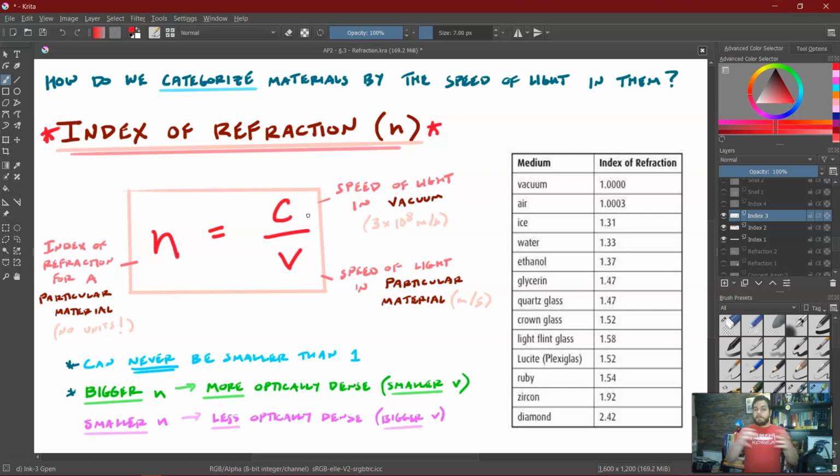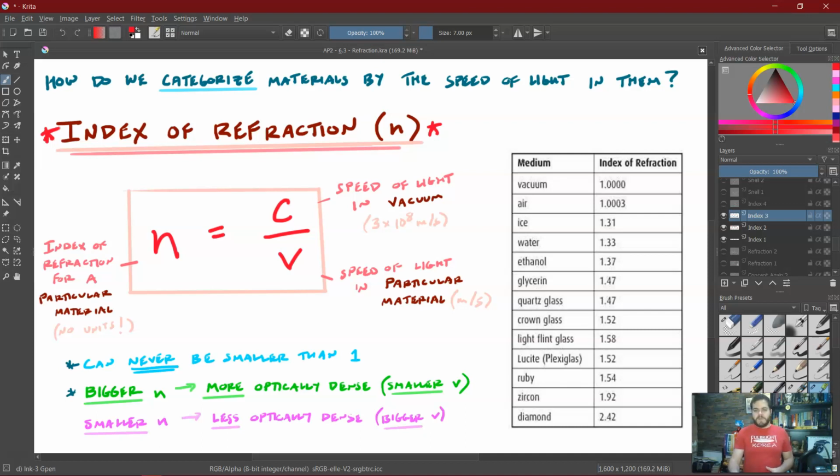Alright, so if we get a bigger value for n, what that is telling us is that the material is more optically dense and that the speed of light in that material is slower. On the flip side, if we get a smaller n, a smaller index of refraction, that means it is a less optically dense material and the speed of light will be faster through that material.